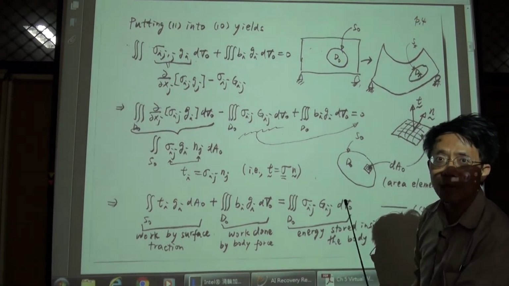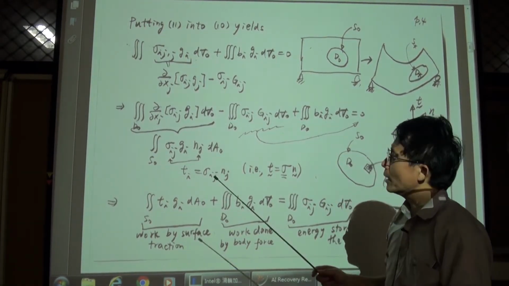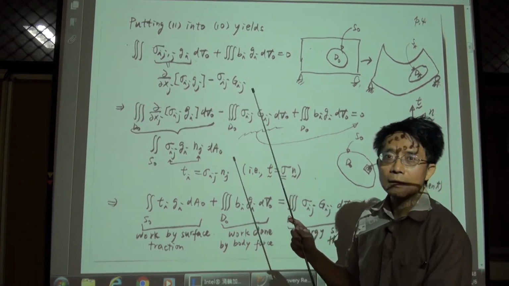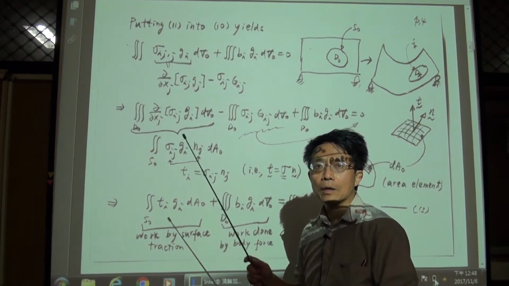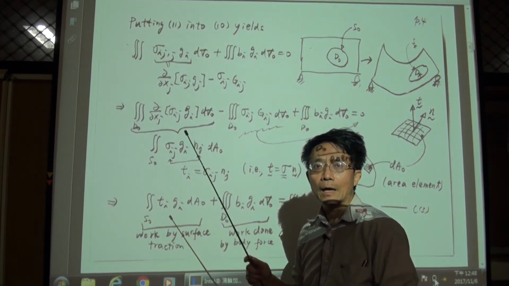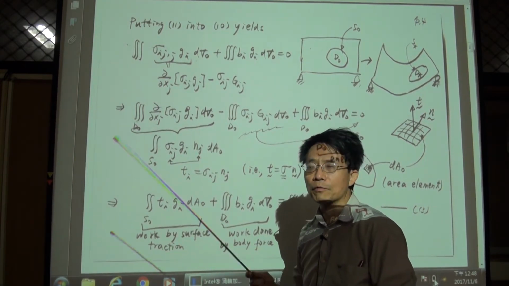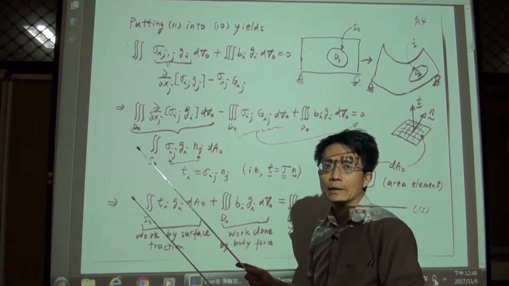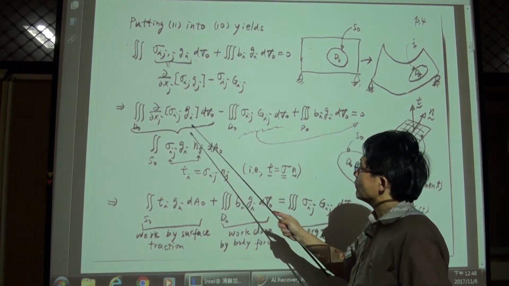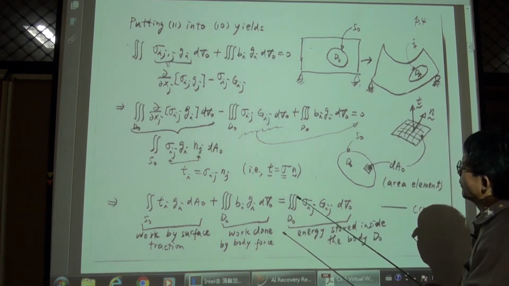Now we have three terms. Remember, we began our calculation from the equilibrium equation, the free equilibrium equation. We take the inner product with G1, G2, G3, and then we end up with this relation.